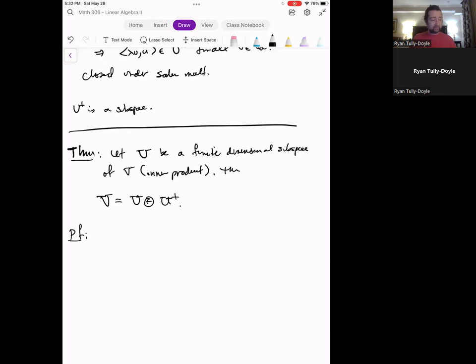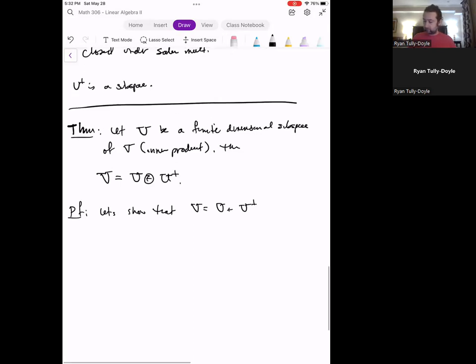The way that we do this is we are going to show that V is contained in the sum of those two spaces, and then we'll just assert actually that since a space and its complement intersect trivially just at the 0 vector, then it's actually a direct sum. So let's show that V is equal to U plus U perp, which means every vector in V can be written as a piece in one and a piece in the other.